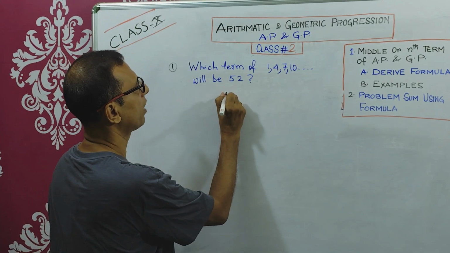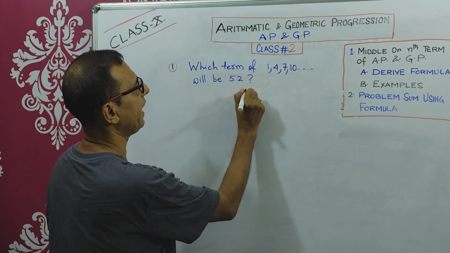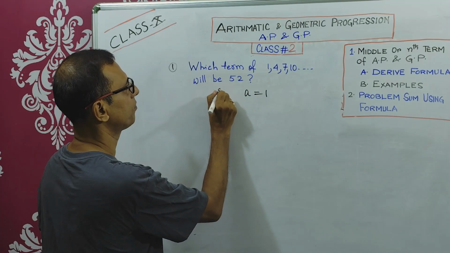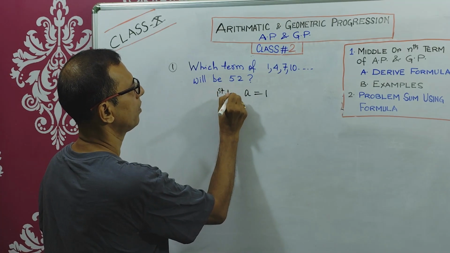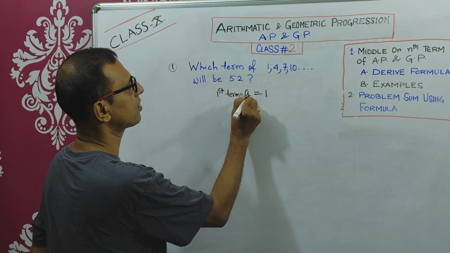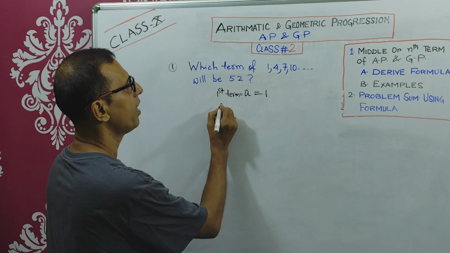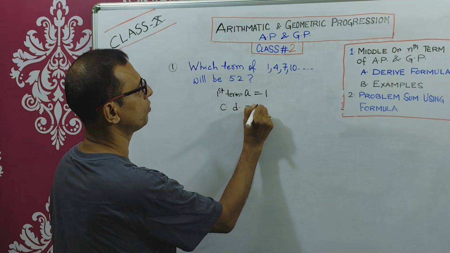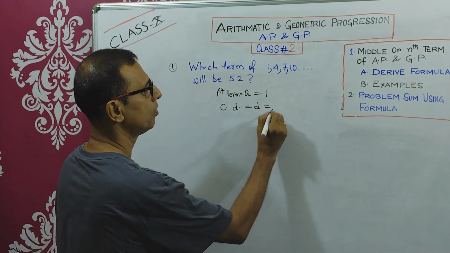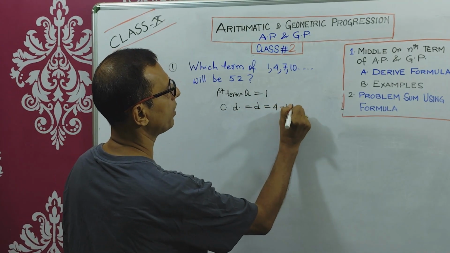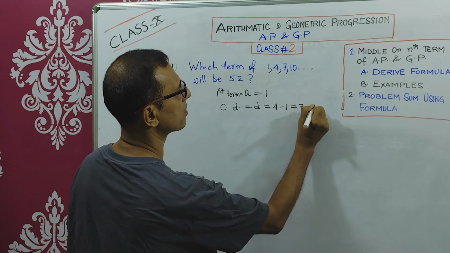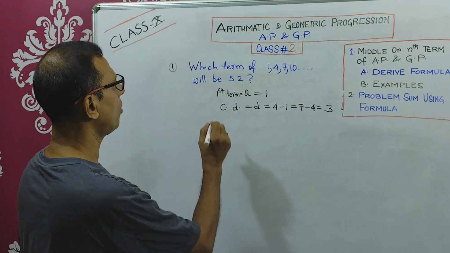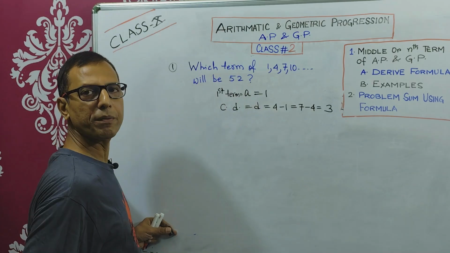So the first term is A equals 1. Let's say, assume the first term A equals 1. D, the common difference, equals 4 minus 1 equals 7 minus 4 and so on, equals 3. Now which term will be 52?